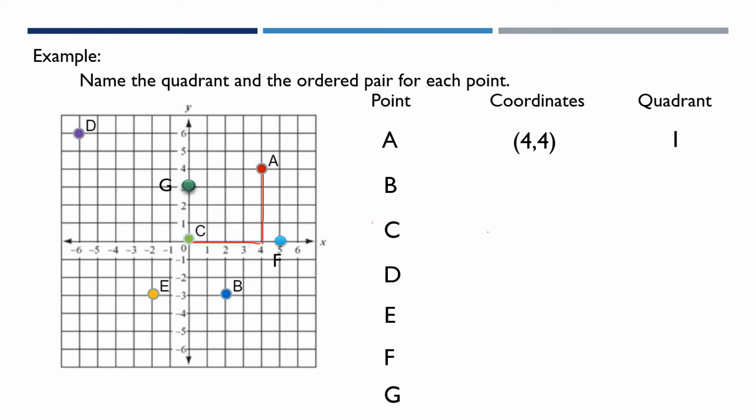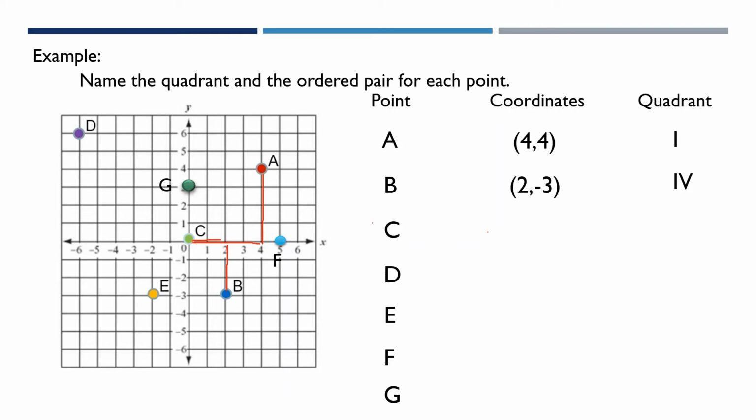Next point is point B. Horizontally, nakatapat sa positive 2 and vertically, nakatapat sa negative 3. So the coordinates of point B, we have (2, -3). And it is located on quadrant 4.